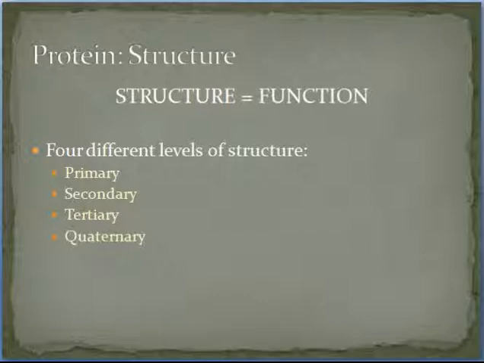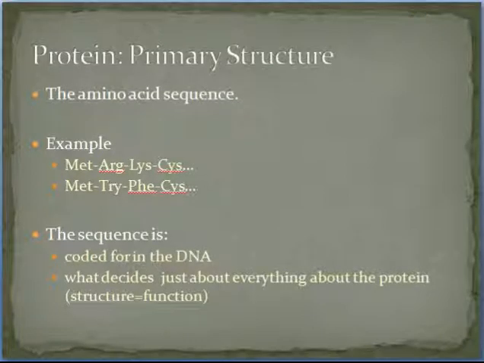So, one very, very, very important thing about proteins is that structure equals function. There are 4 different levels of structure: primary, secondary, tertiary, and quaternary. Primary structure is the amino acid sequence.